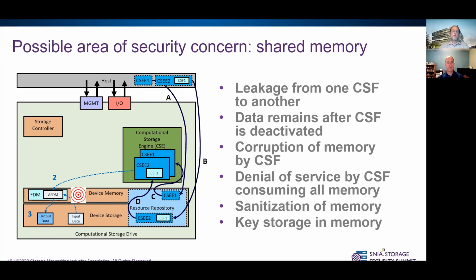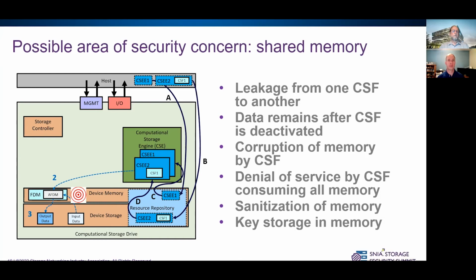Next, I'd actually like to skip to the last bullet, which is key storage and memory. You have the potential of needing to use keys for various purposes. We'll get into a little bit more of that on future slides. But if your keys are stored in the device memory, there are a couple of things you need to be careful of.